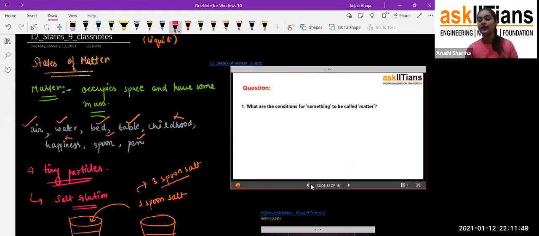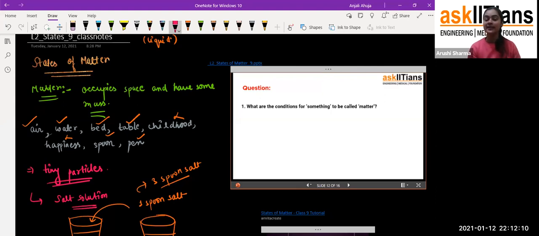Now the question is, what is the condition for something to be called matter? Like I have told you many times, if I want to consider this pen or anything as matter, what is the condition? Think about it. I hope my students got the right answer.